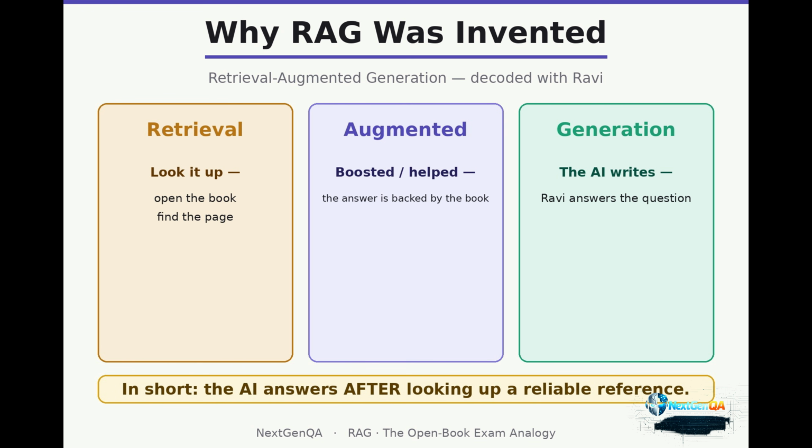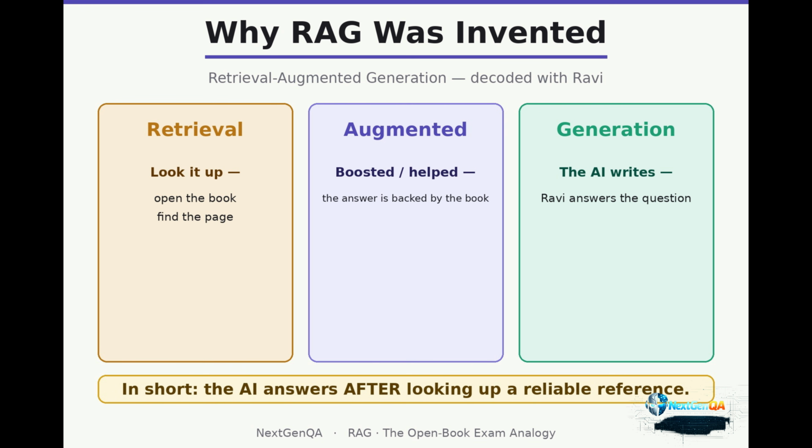No need to remember it. Confident guessing, reduced a lot. When the answer is sitting on the desk, there is far less reason to guess. That is why almost every serious AI product you see today, customer support bots, document assistants, coding helpers, is built on RAG. They are all open book students.